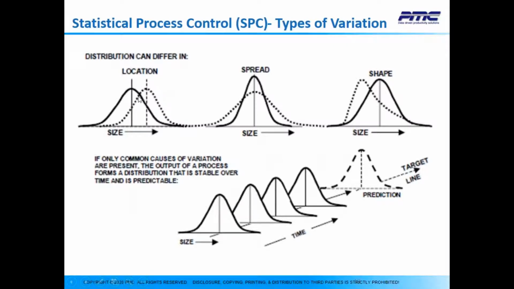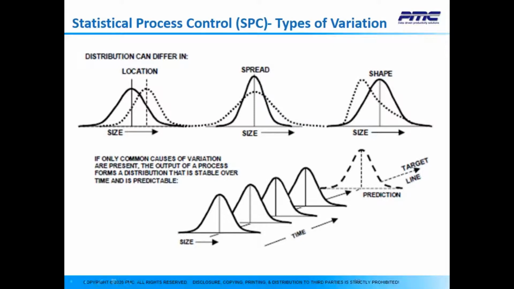Distribution can differ either in location, that means what happens to the center of your process, or the spread, which is the shape of your distribution. In other words, the amount of variation.